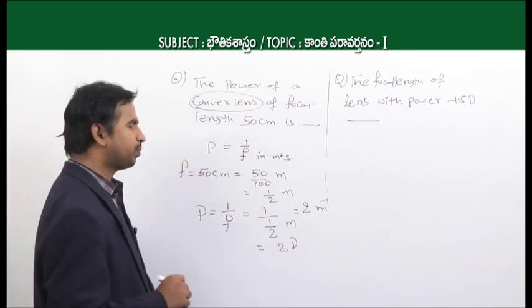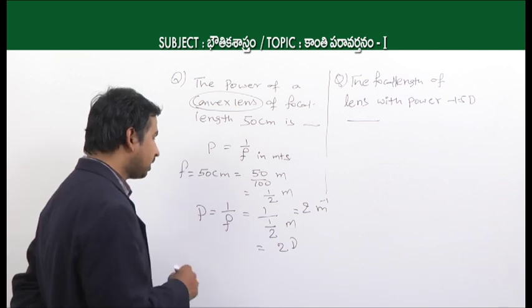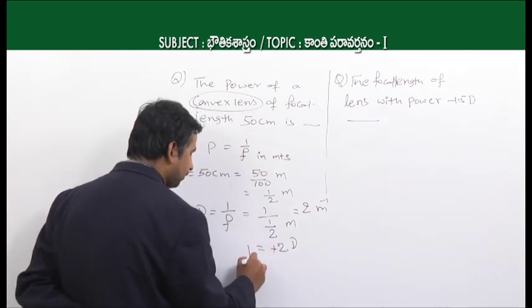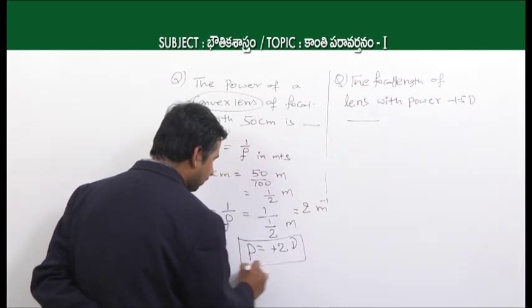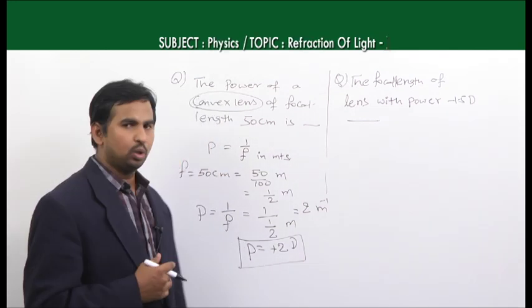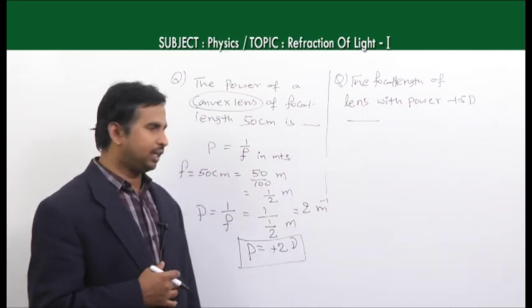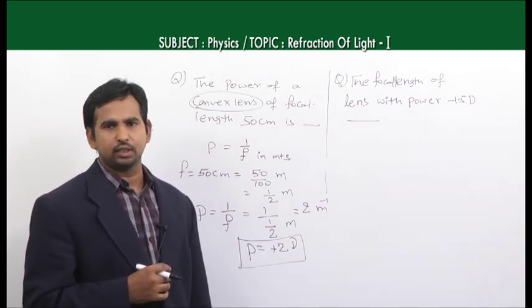As the focal length is positive, the power also becomes positive. Finally, the power of this convex lens is equal to plus 2D, where D represents a diopter.